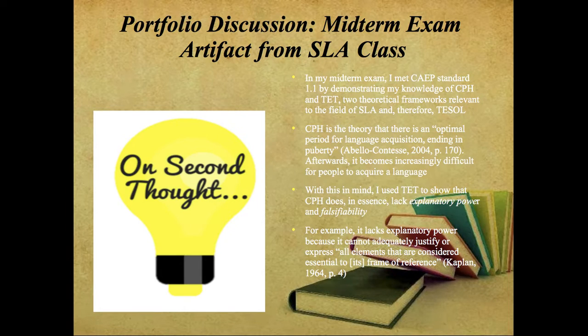And this ties into other aspects of TET because, for example, if it lacks explanatory power, you can't really falsify or show that it's a strong theory. Basically, CPH claims that children are better language learners without using evidence. Therefore, it's just weak.